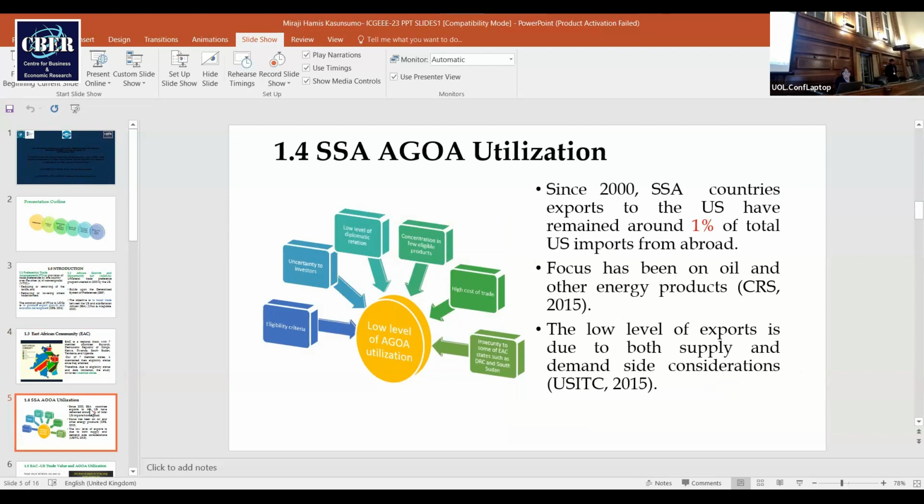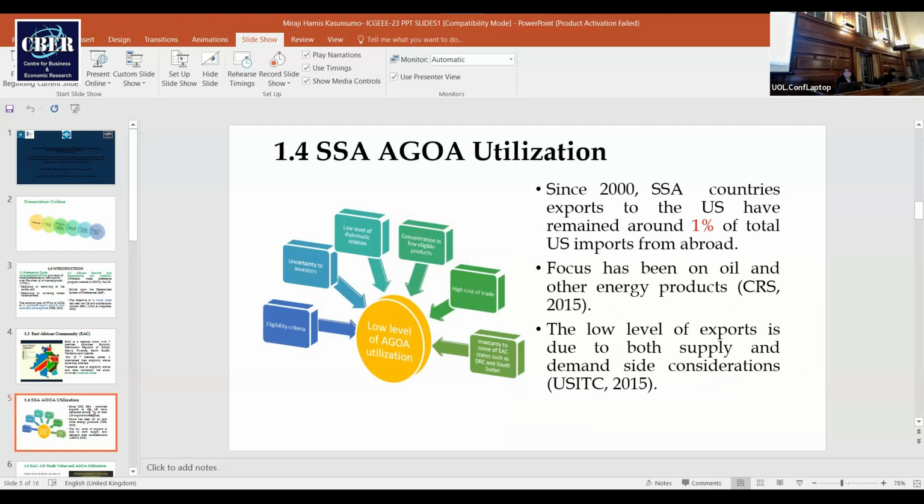What is the status of sub-Saharan AGOA utilization? The data available shows that since the year 2000, sub-Saharan country exports to the US have remained around 1% of total US imports from abroad. You can see this 1% is a small amount when compared to other regions, where the US imports more than from sub-Saharan African countries.